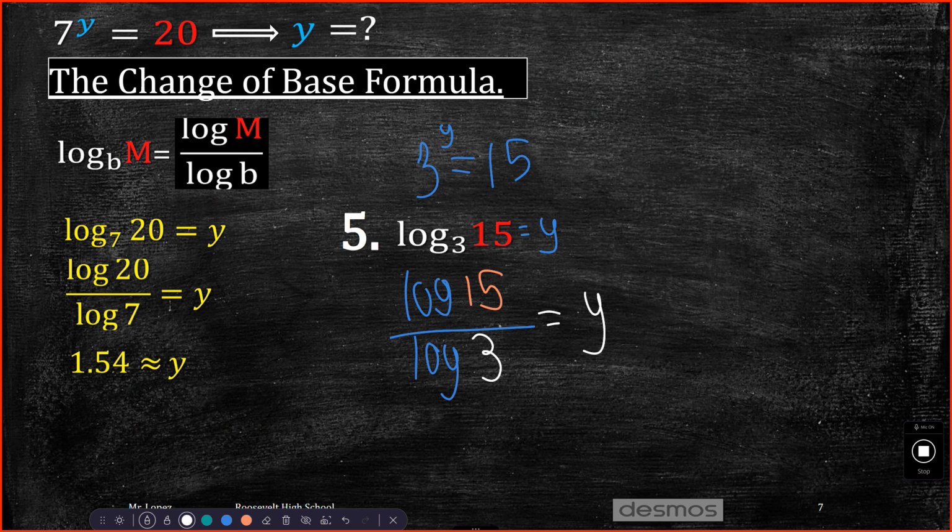You're going to do log 15 divided by log 3. Log 15, get a number, divided by log 3. What are you getting?